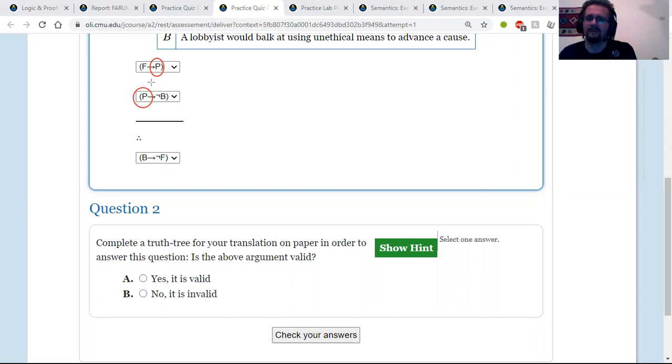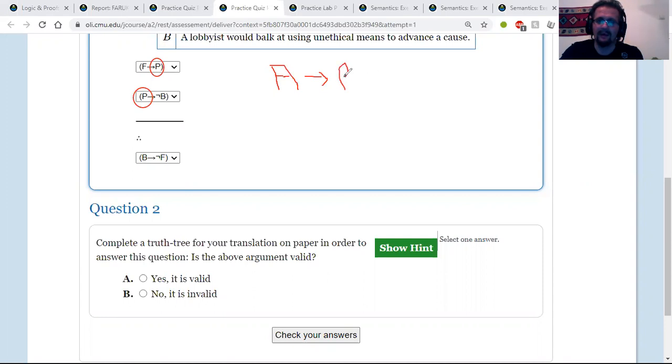Okay, our conclusion though says if B, then not F. Now that is because, let me draw a line instead of this. Our standard goes something like this for conditionals, right? A conditional, let's say F, and in fact, you know what, let's make it A and B just because it's a little bit easier to deal with.